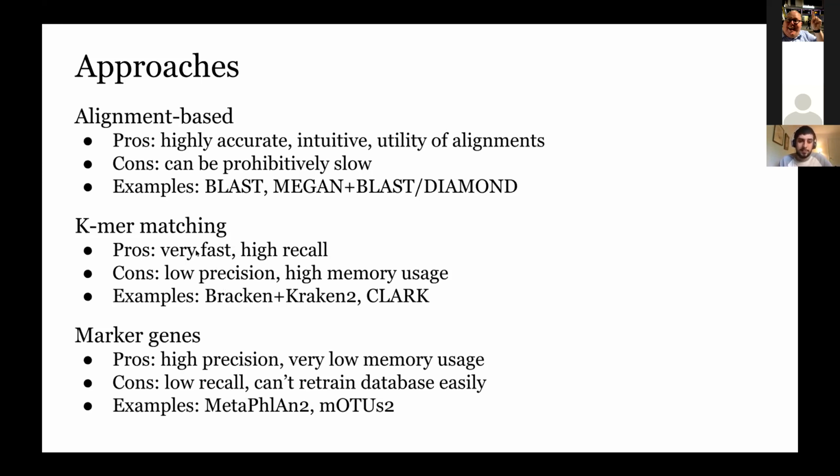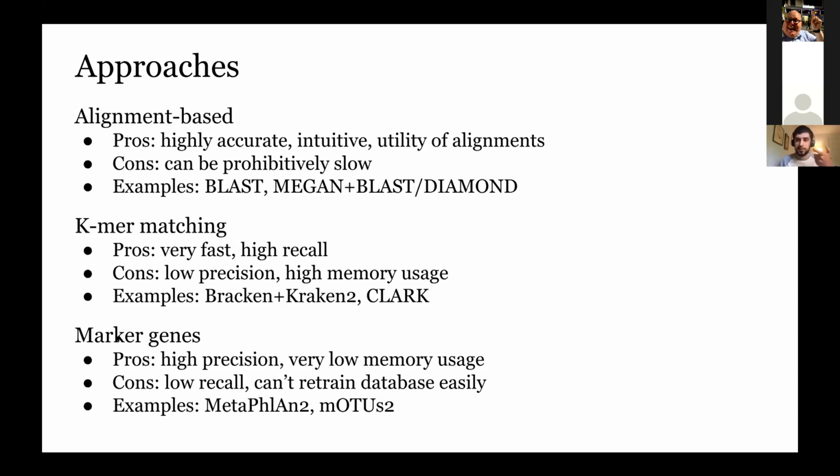These methods tend to be very fast and have high recall, but because they construct a big data structure of all the K-mers in the sample that has to be stored in memory, they tend to require high memory usage, and they've been shown to produce a lot of low abundance false positive organisms in the sample.